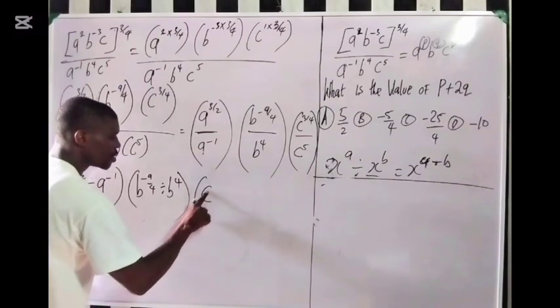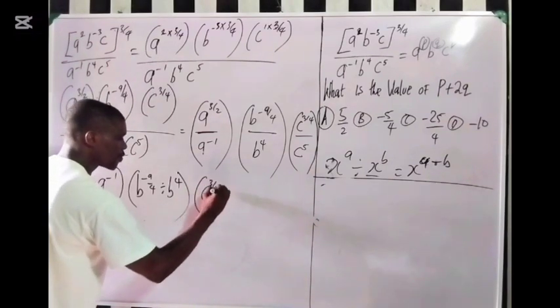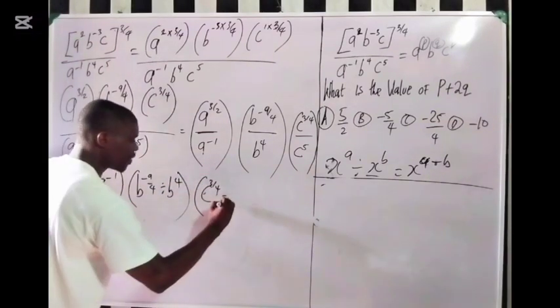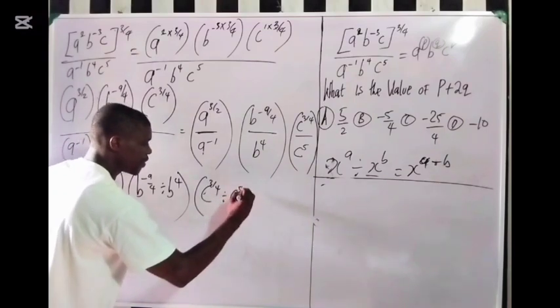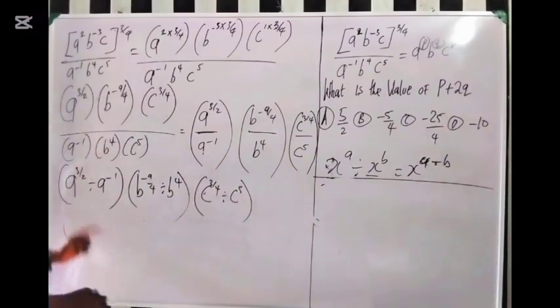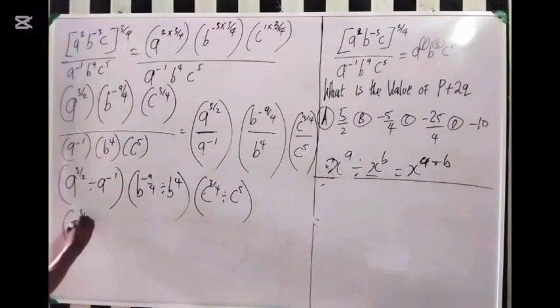Then you have C raised to 3 over 4, right? Divided by C raised to 5. This is that. So remember, when you have divide, you subtract the index or the power, right? So you have a to the 3 over 2 minus minus 1, right?